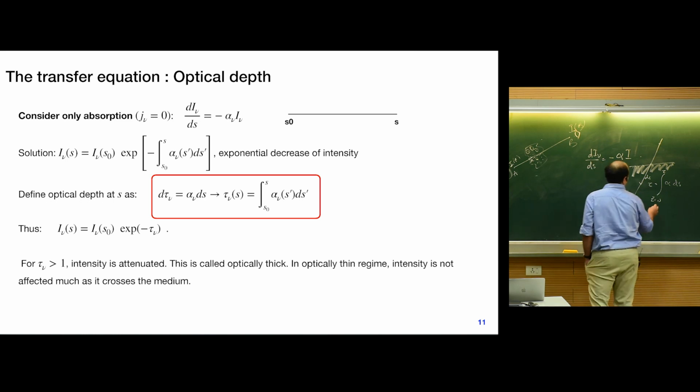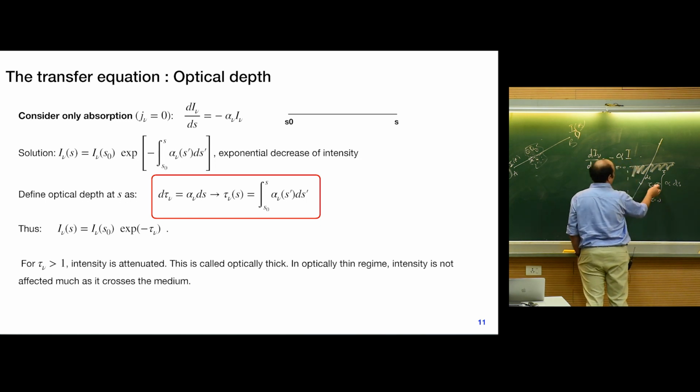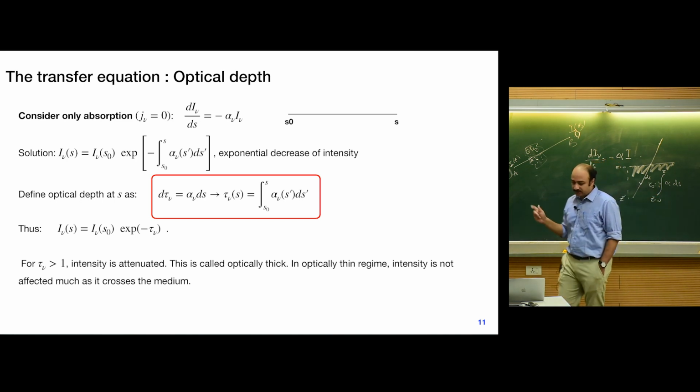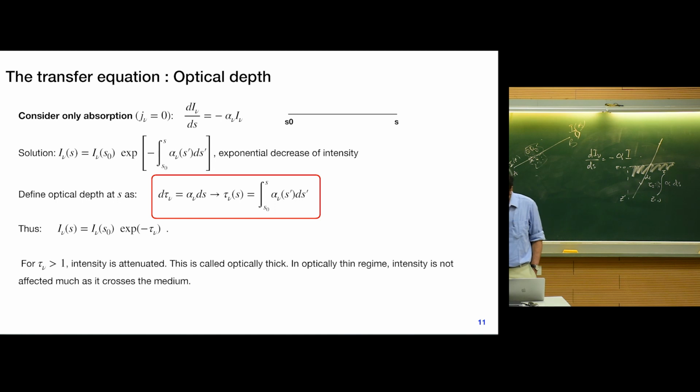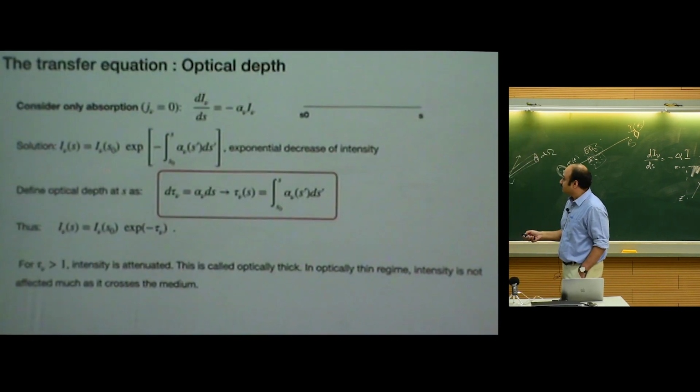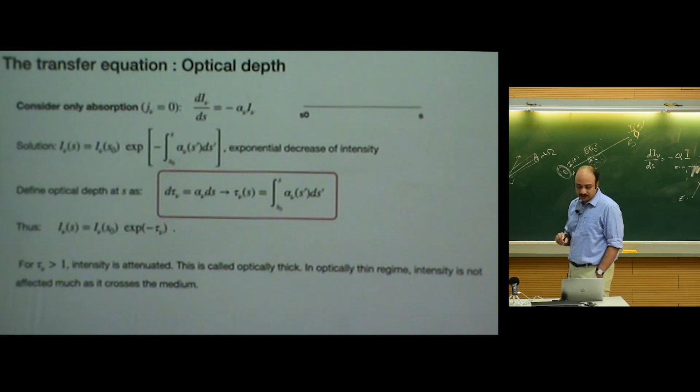Now truly if we have the optical depth from one point to another, this should be tau 2 minus tau 1, but since tau 1 is 0, I'm just calling it tau. So do remember this definition, which is called the optical depth. You can also write it in the differential form, which is d tau nu is alpha nu ds, the small change in optical depth as you traverse different parts of this ray.